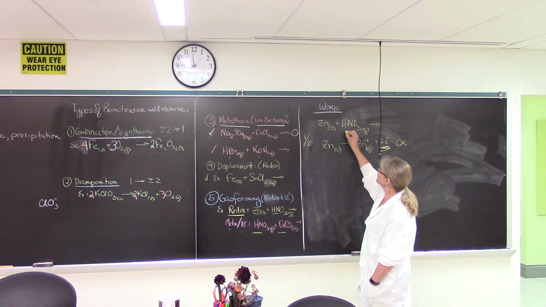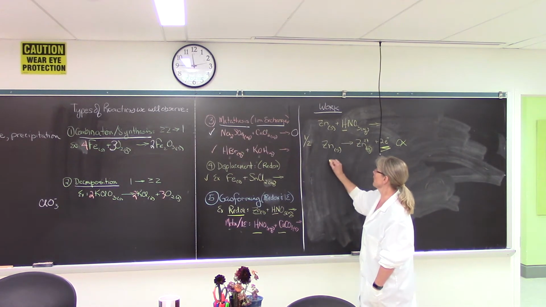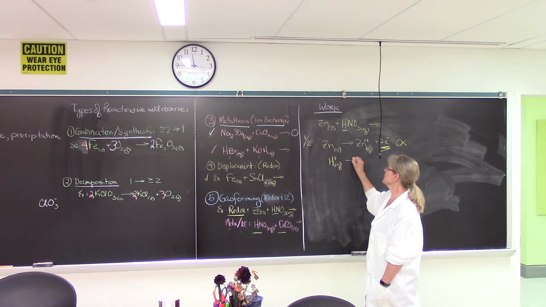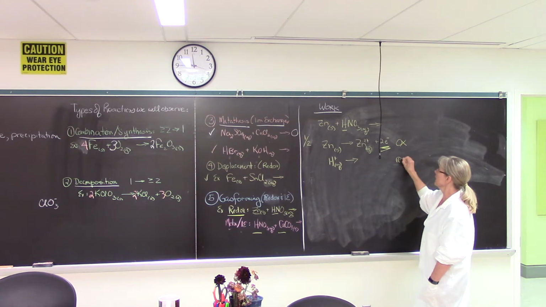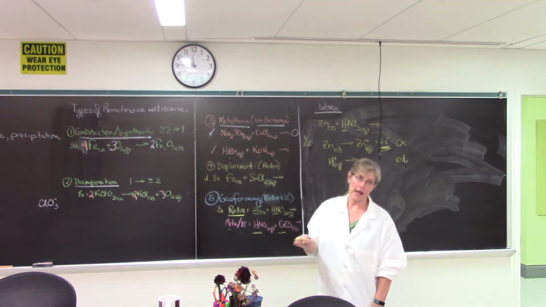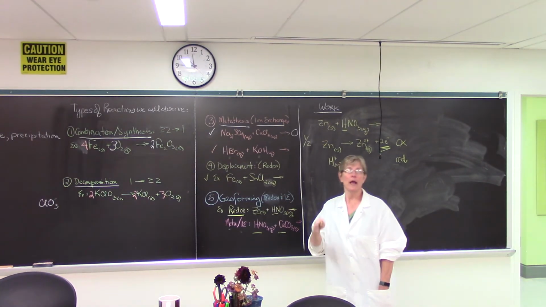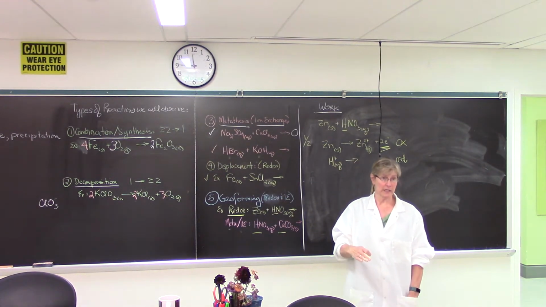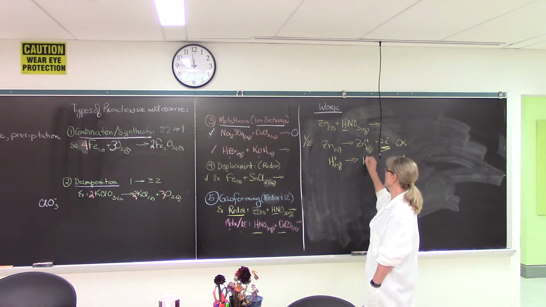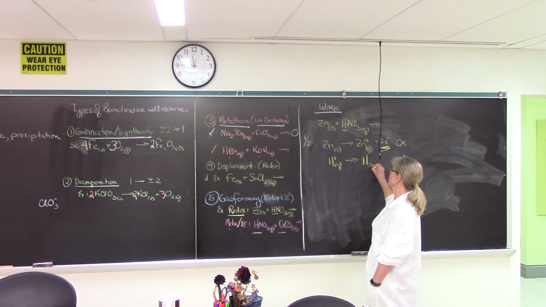So the other thing that's positively charged is H+. So we're going to take our H+, and that's going to be reduced. But when you take any hydrogens and you form hydrogen, the element, what's special about it? It's a diatomic molecule. It becomes H2 gas.